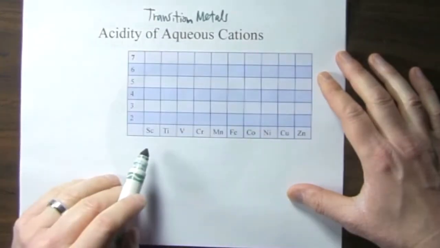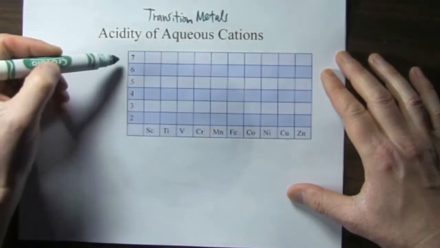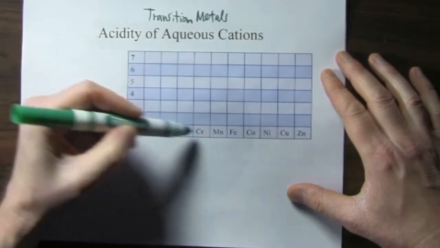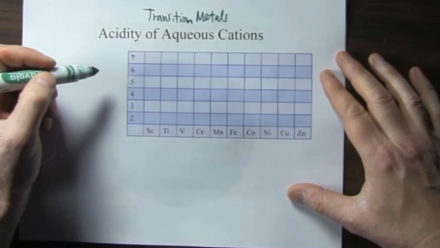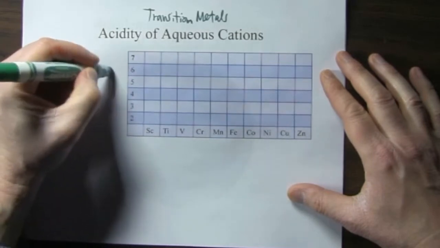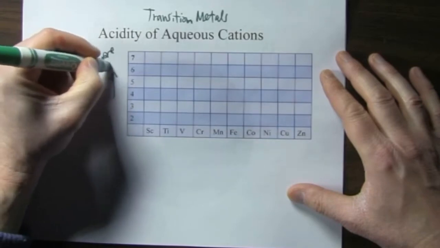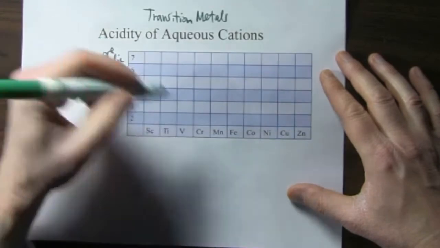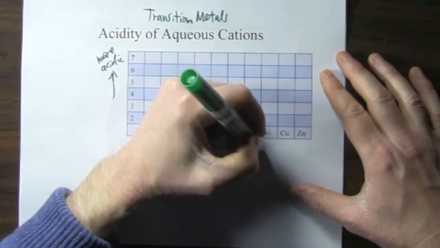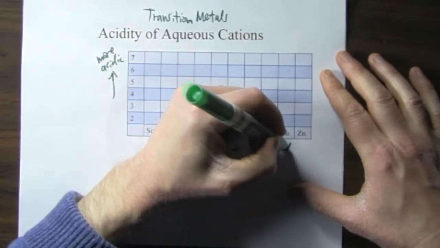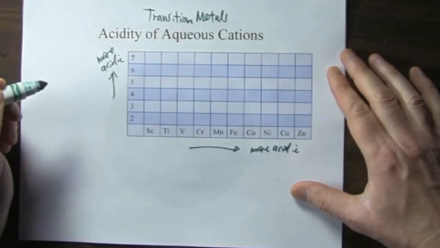And the trend here is that the higher the charge, the more acidic the compound will be. Also going this way is more acidic. So this follows the same kind of trend as we saw before.